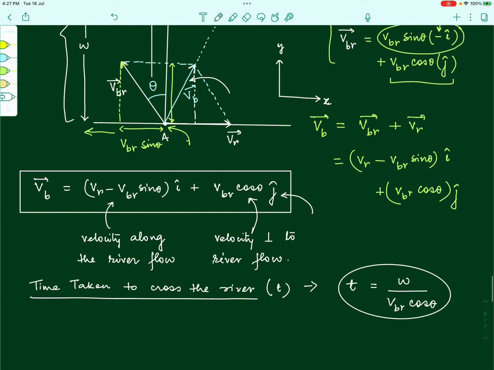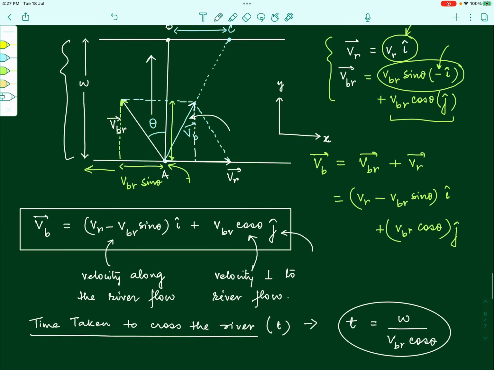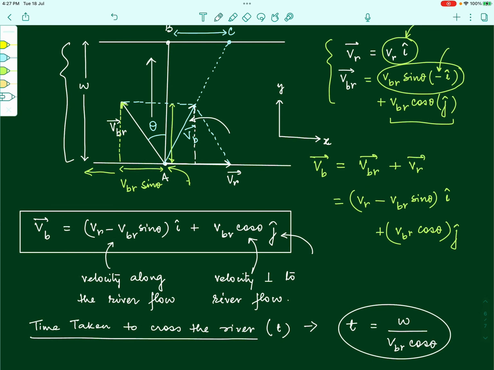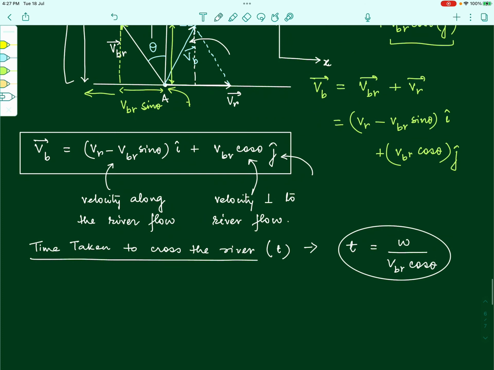Okay. Now, there is one special case that we can discuss here, which is: for what value of theta will the time for crossing the river be the minimum? When is t minimum?